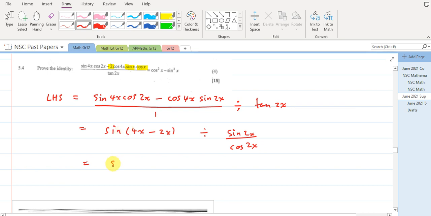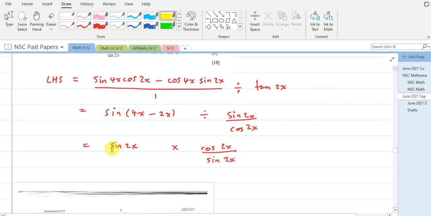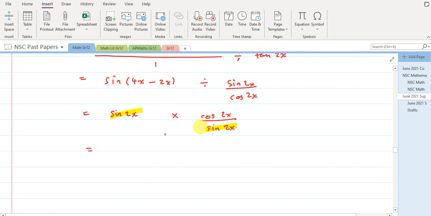So now what we have here is sine 2x times cos 2x over sine 2x. So what we can clearly see is that sine 2x and sine 2x cancel out, and all we are left with is cos 2x. The expansion for cos 2x is cos squared x minus sine squared x, and that should be equal to the RHS.